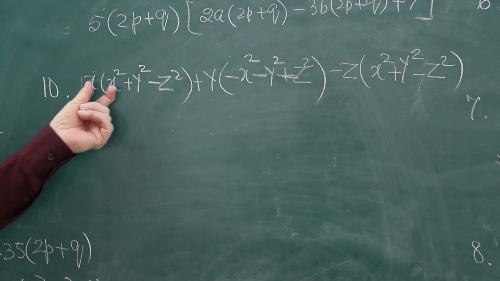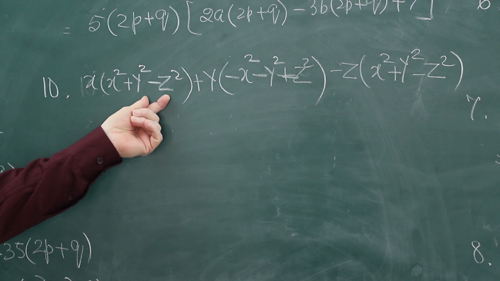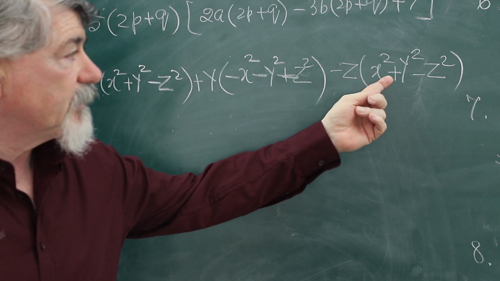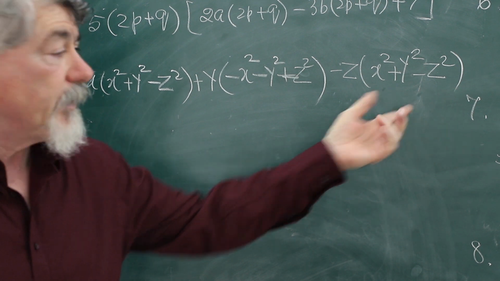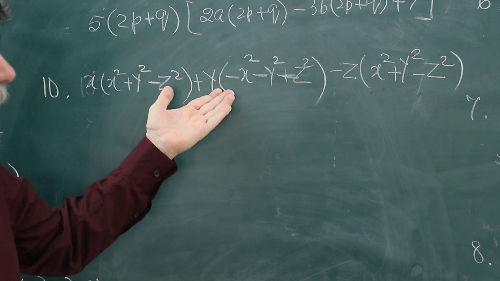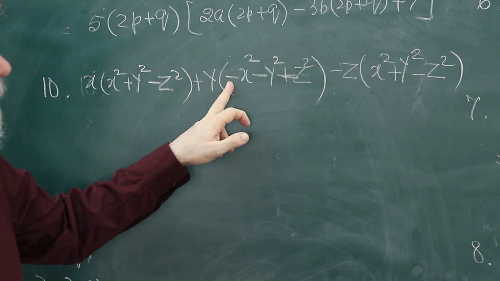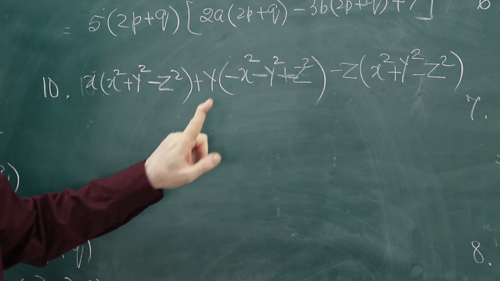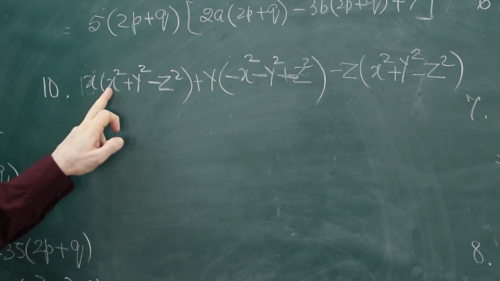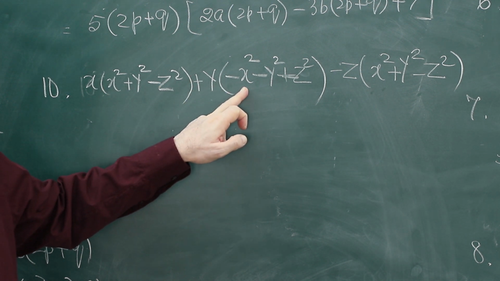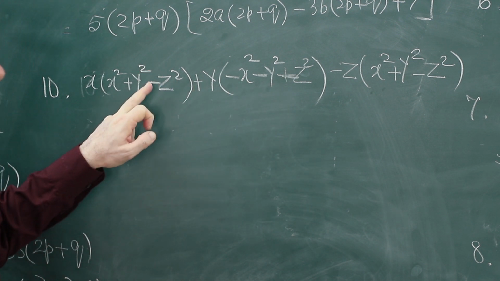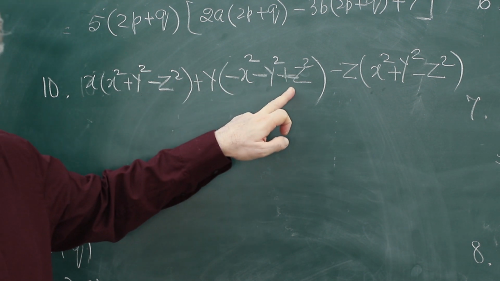Now it is x^2 + y^2 − z^2 in the first bracket. In the last bracket also I have x^2 + y^2 − z^2. But in the second bracket I have −x^2 − y^2 + z^2. Signs are reversed. In place of plus x^2 it is minus x^2. In place of plus y^2 it is minus y^2. In place of minus z^2 it is plus z^2.